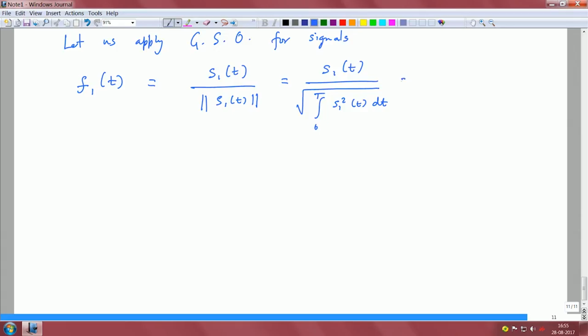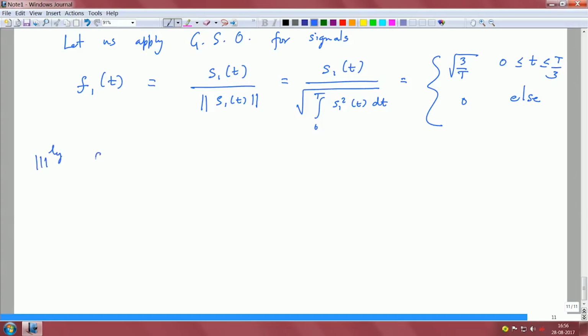So, it is pretty straightforward that this is root of 3 by T for this duration of time, and it is 0 else, right. You square it up, 1 square. So, you just have root of T by 3 in the denominator, and you just flip it, it is root of 3 by T, and S1 is 1 basically, so that is root of 3 by T times 1 for this interval, 0 else.